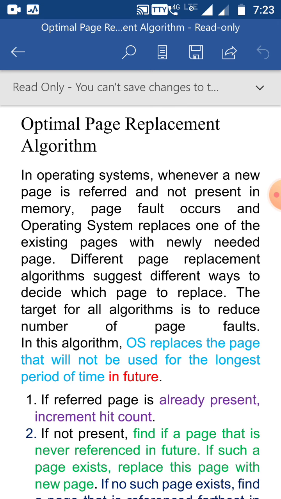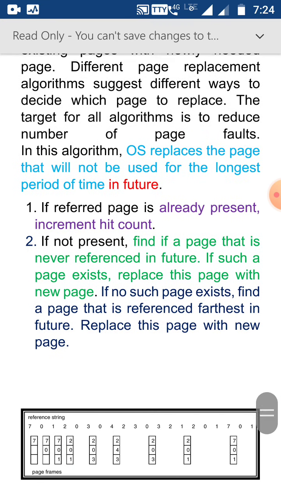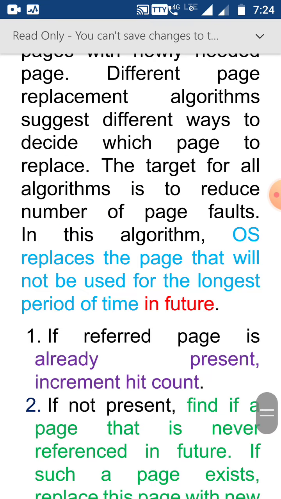So in execution, if a page is referred and it is already present, the hit ratio is incremented by 1. Second, if not, a page fault occurs, so we find a page that is never referenced in future among the pages in RAM.